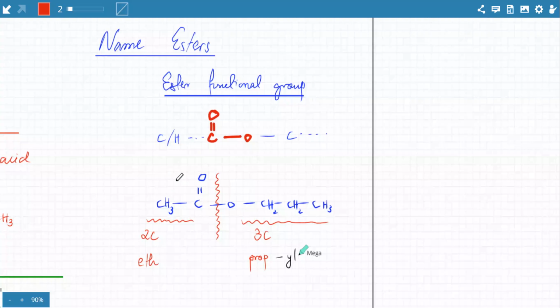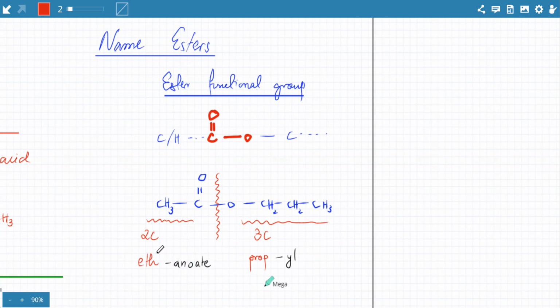And the side with the double bond, its name would start with the carbon count, but it would end with -oate. This is what it would end with. It would be ending with ethanoate.